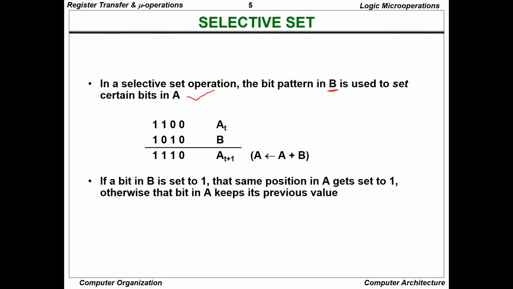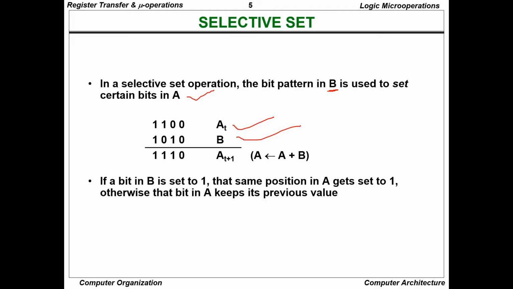For example, here we have taken 1100 for A and 1010 for B. If a bit in B is set to 1, that same position in A gets set to 1. Otherwise, the bit in A keeps its previous value.